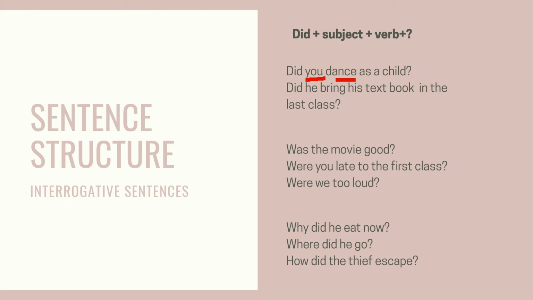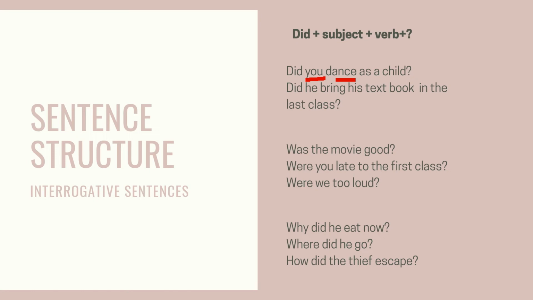This is a simple past tense sentence, but the main verb is in V1 form, the present tense form. Why is it so? It is so because of the subject verb agreement rule. According to that, if did is there in a sentence, the sentence will have the main verb in the first form or the present form. So, did you dance as a child? Did he bring his textbook in the last class?